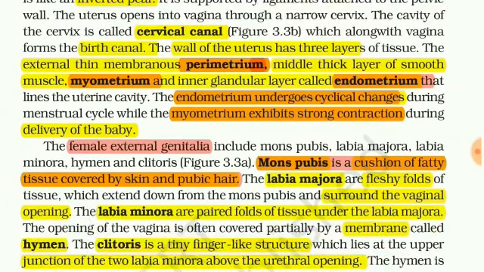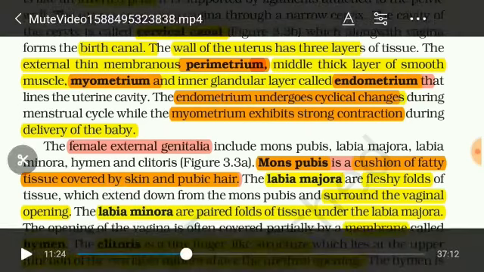The labia majora is a fleshy fold of tissue around the vaginal opening. The labia minora is present inside the labia majora, and the vaginal opening is covered by a membrane called the hymen. The hymen is a membrane which covers the vagina, and the clitoris is a tiny finger-like structure which lies at the upper junction of the labia majora and the labia minora.